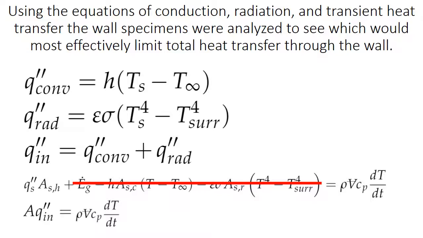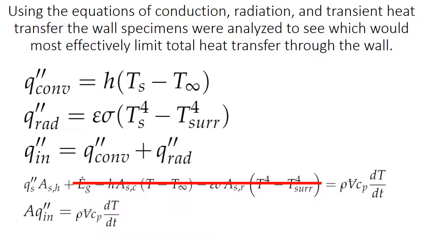And then we also have the Q double prime of radiation, which also takes into account the temperature gradient, but it's to the power of 4. And so our total Q double prime going into the wall was Q double prime in, which is the sum of those two things. And that is for steady state conduction only and steady state convection radiation.